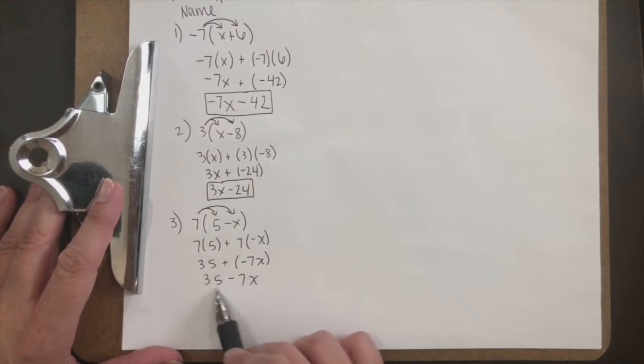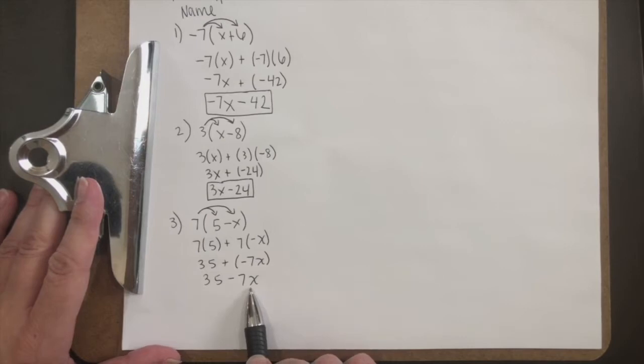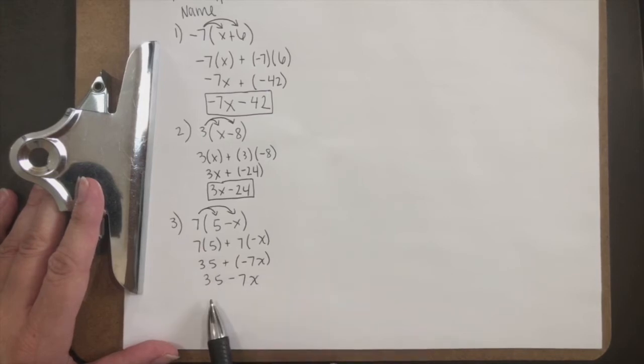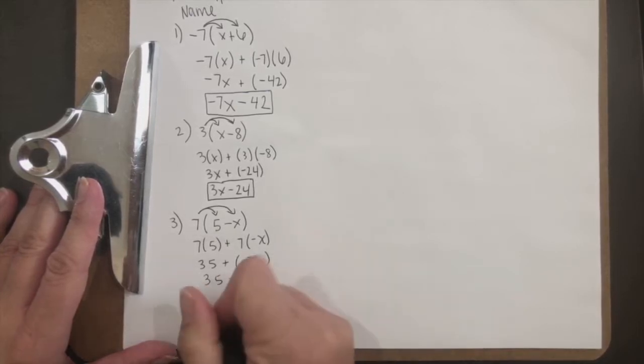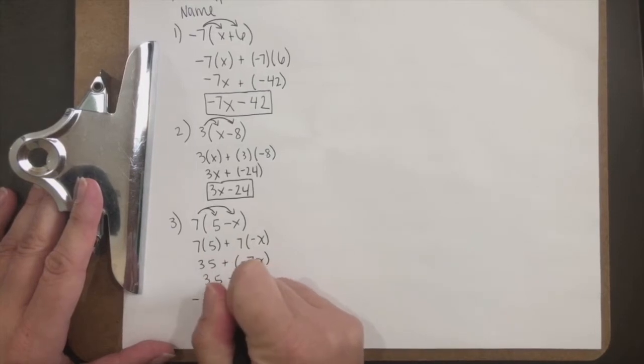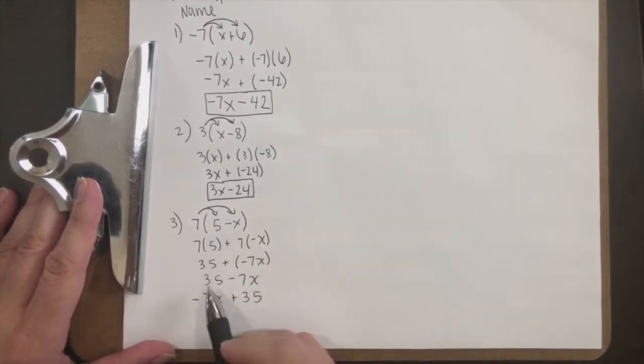This expression here is the very, very beginning stages of learning what polynomials are. Poly means many, nomials means different sets of numbers. When you're writing polynomials, you're going to put the x's in front of the regular numbers. So we're going to switch this around. We'll say -7x plus 35 because that one's positive.